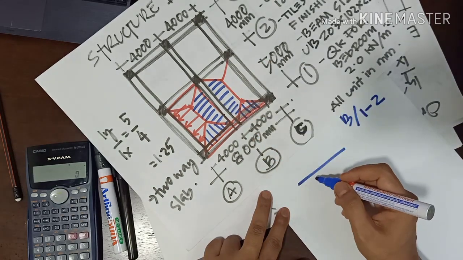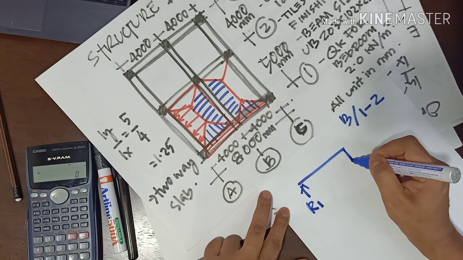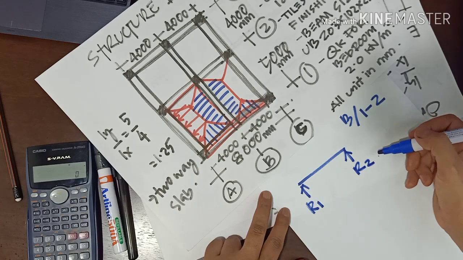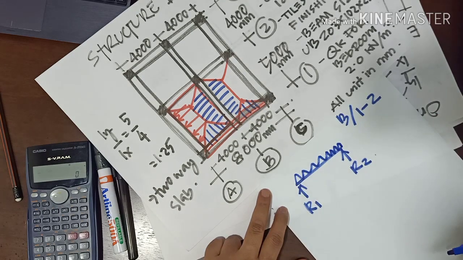So here you will have reactions R1 and R2. And then you may have a uniformly distributed load here.